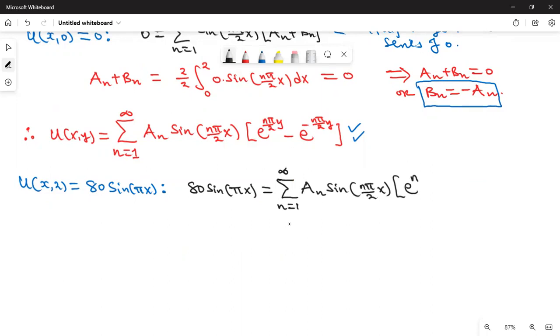That should now be n pi, because y is equal to 2, then minus exponential negative n pi, because y is equal to 2.